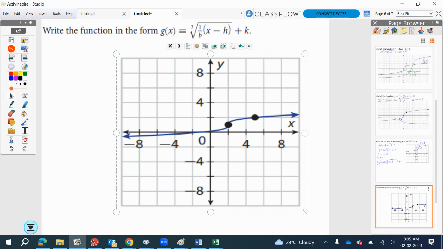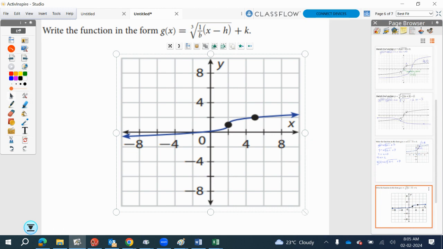So we find b like how we found it. Is it the same as a? No, it's the cube root. Well, no, a is the cube root of b. It's the cube of a. Or 1 over the cube root of a.